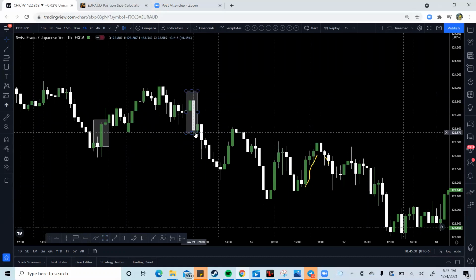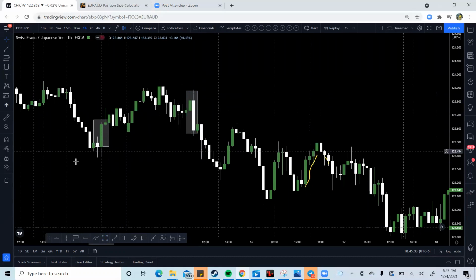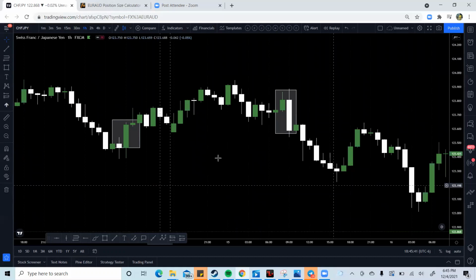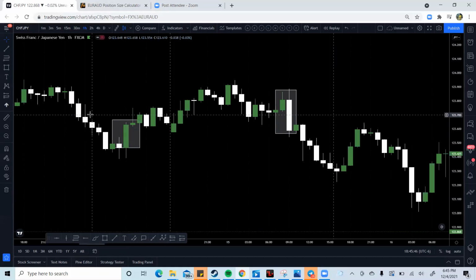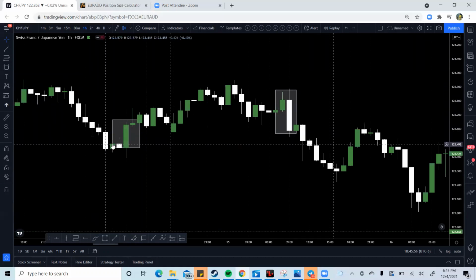Now, I like this one versus this one, and I'm going to show you why. So let's start here, though. Let's zoom in. I think we can zoom in on all of it. There we go. I like that. So think about the story. The story tells the tale. So downward momentum leading into this candle.